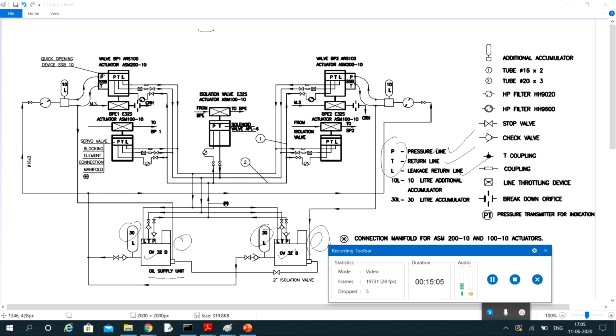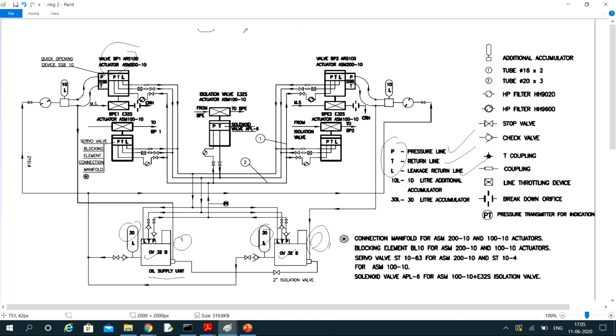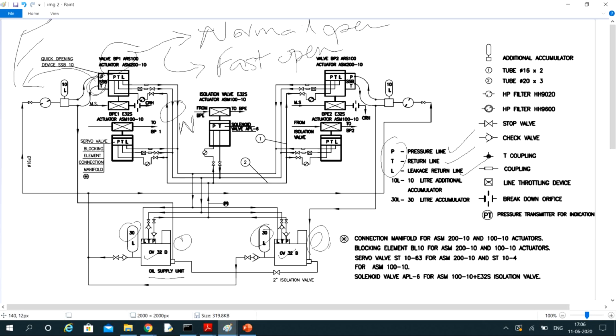Also, in the HP bypass BP1 and BP2 valves, there are two systems provided. One is a normal open, and the second is a fast open. These lines here are for the normal opening of the BP1 actuator, and this one here is for the fast opening of the HP bypass valves.